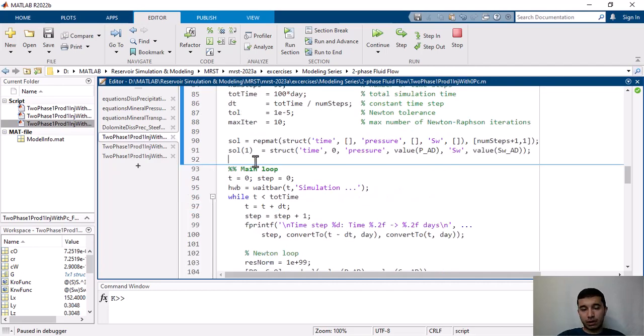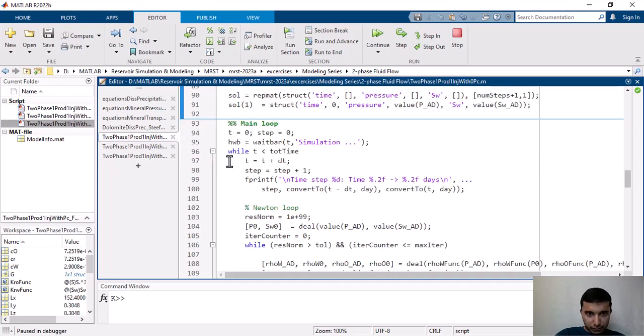Or you can also increase the grid size of your model. This is another thing that may help your model converge. Great. Here I talked about these in the previous video.